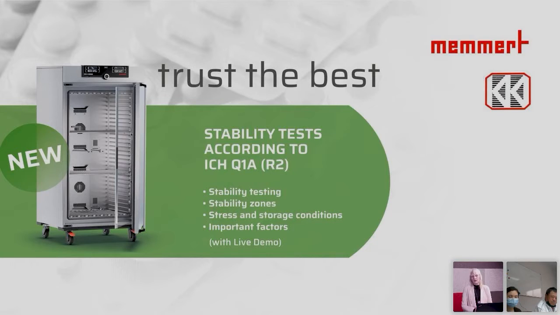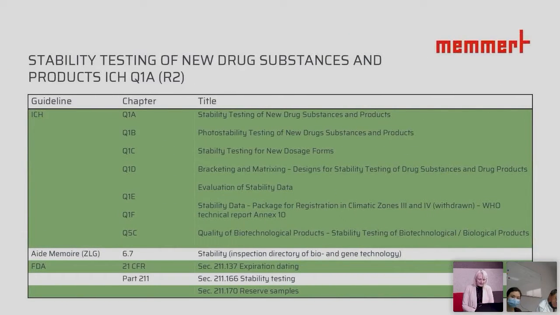There are several chapters giving information on stability testing. When we look closer at the ICH guideline Q1A, we will find some linkages referring to ICH Q1C. Here you can find information for new dosage forms. There is ICH Q5C. This refers to biotechnical and biological products.